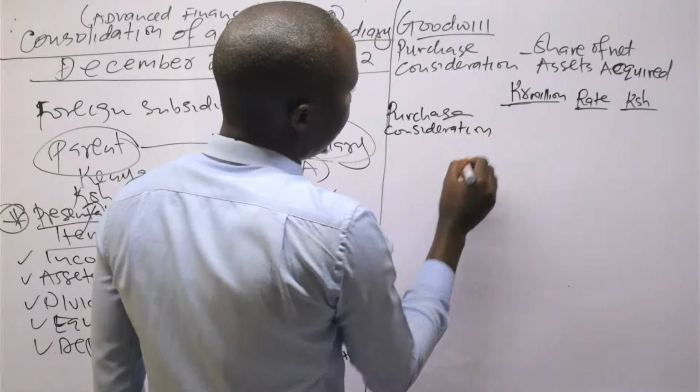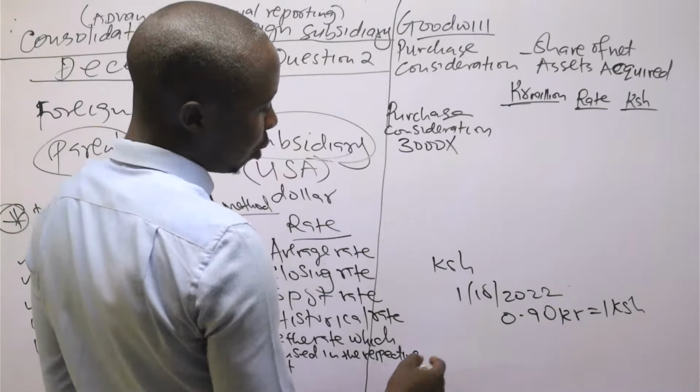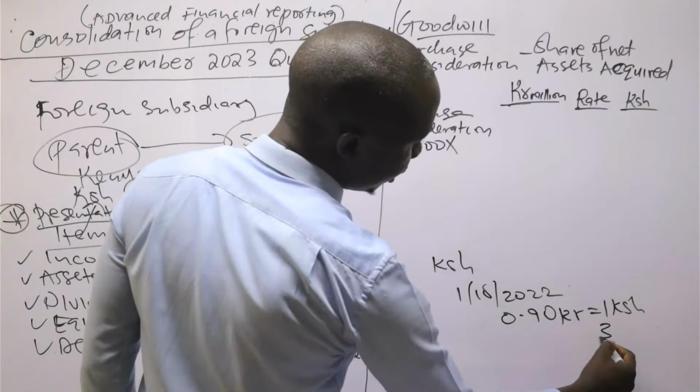So if I change it to krona, as at the date of acquisition, 1st October 2022, according to note 5, the rate is 0.9. So 0.90 krona is equal to 1 Kenyan shilling. What about these 3,000 Kenyan shillings?